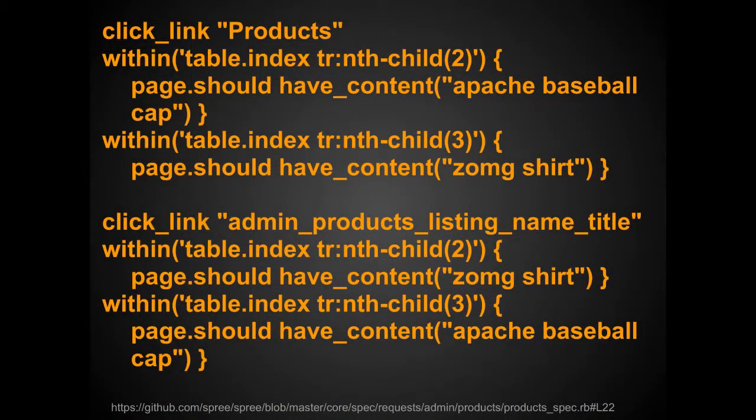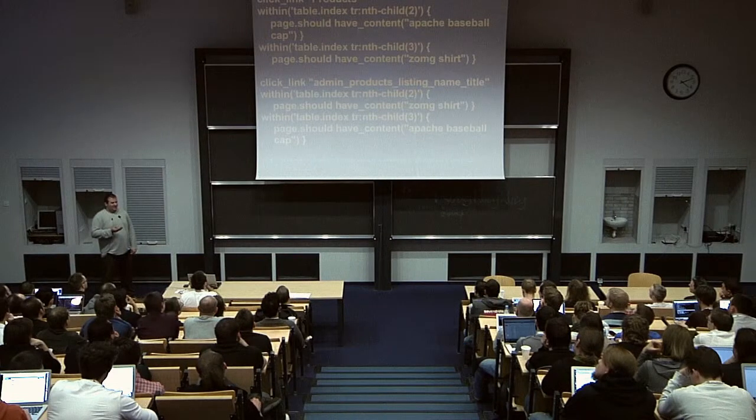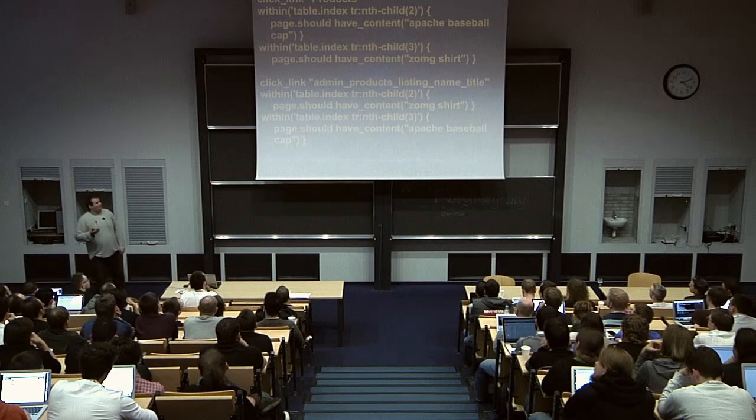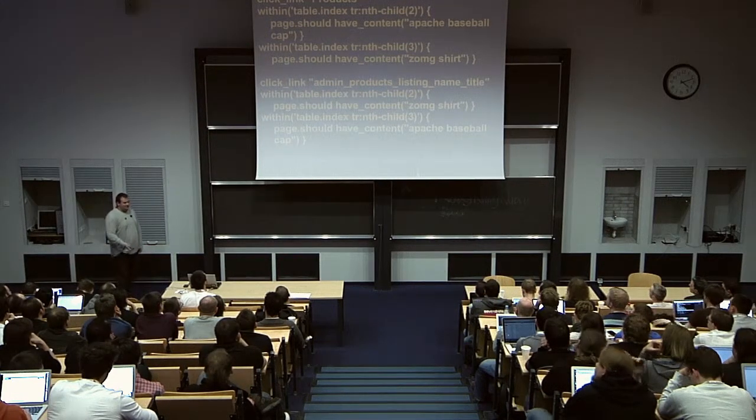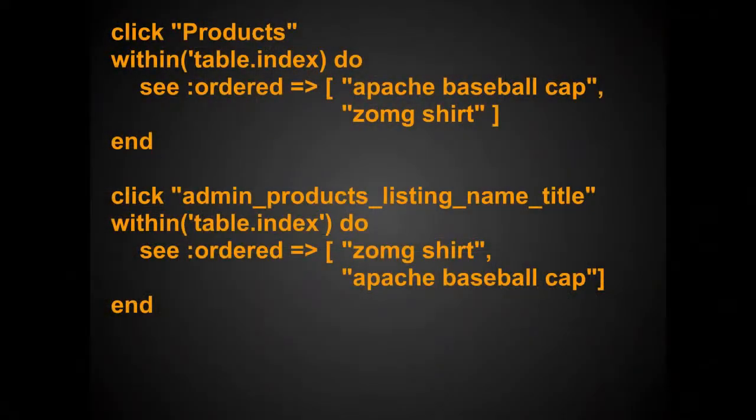Okay, so how does this look in real tests? This is an example from Spree. It's very readable, and it's funny to find what these integration tests really do. It does a very simple thing: it just verifies that the elements are present in the proper order, but does it in a very complex way. In Chameleon, it can be done within this part of code.